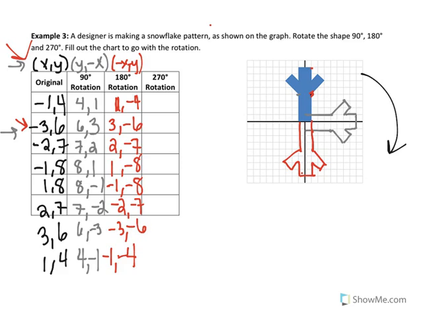Our last one is the 270. So if it's going to go this way. 1, 2, 3, 4. So this point is going to go from here to here. So it's going to change from 1 and 4 to -4 and -1.